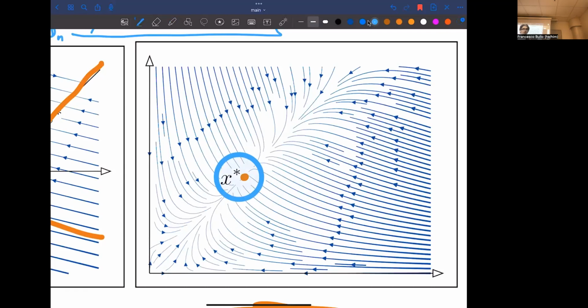Every trajectory that starts in a ball centered at that equilibrium remains in that ball. And if it ever comes in just a tiny bit, that's it. Now you are in a slightly smaller set, and your distance can never increase. So it's almost like a little trap. If you come in, now you're in.